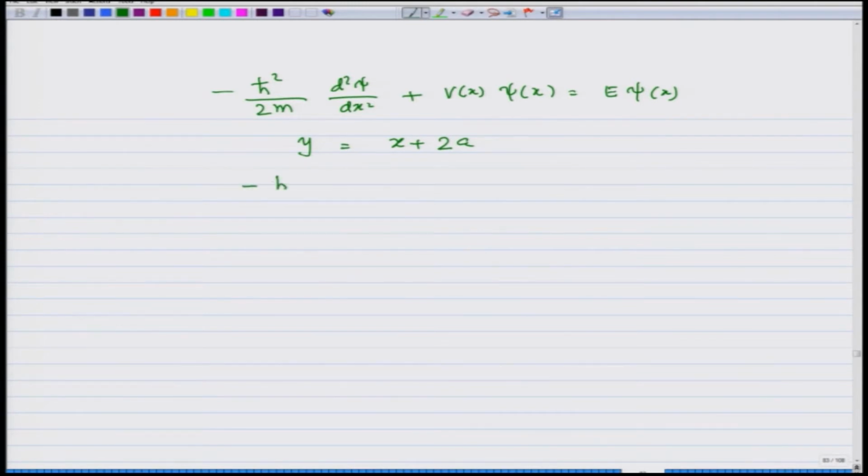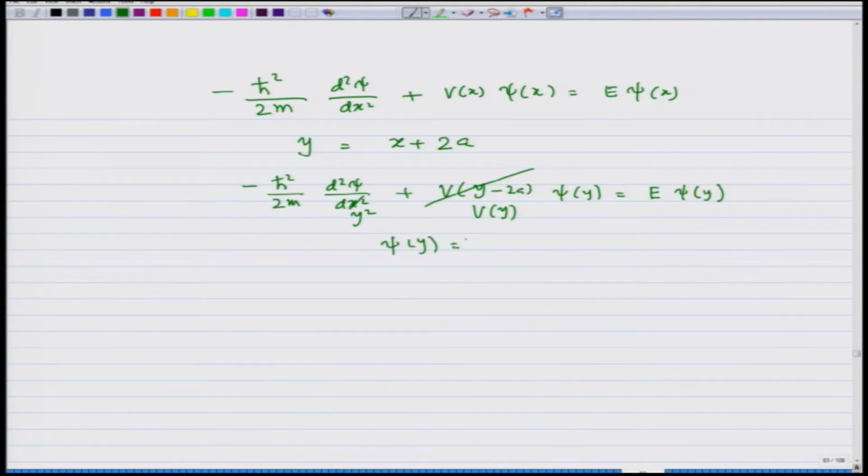So, again I am going to have the equation minus h cross square over 2m d2 psi over dy square plus V(y minus 2a), which is again the same as V(y), psi(y) equals E psi(y). It is exactly the same equation. So, I am going to have psi(y) equals some C 2 psi(x), because I have shifted by 2a.